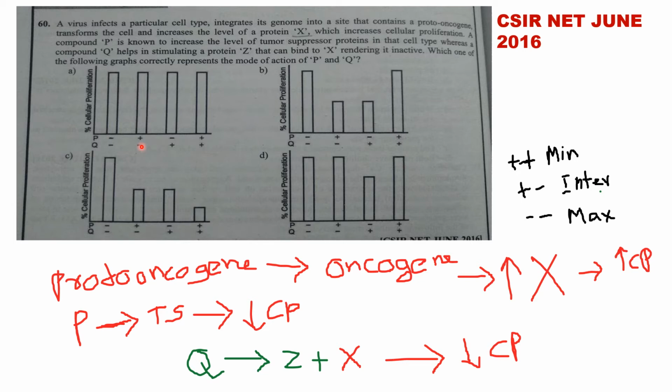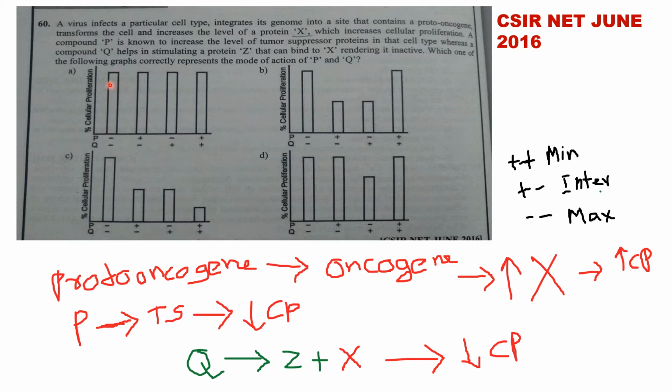Let's see the graph. Here compound P and Q both are absent. If both P and Q are absent, it means maximum proliferation.